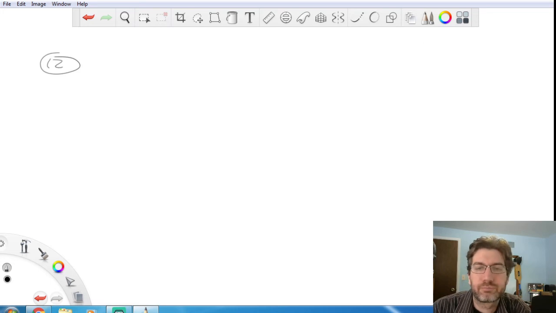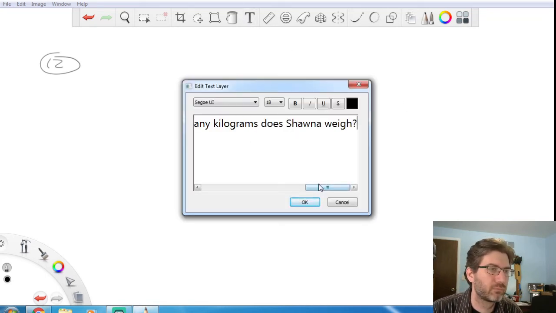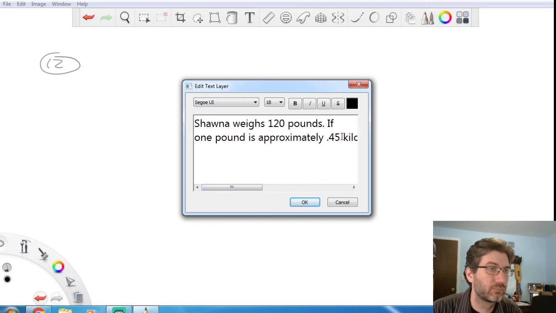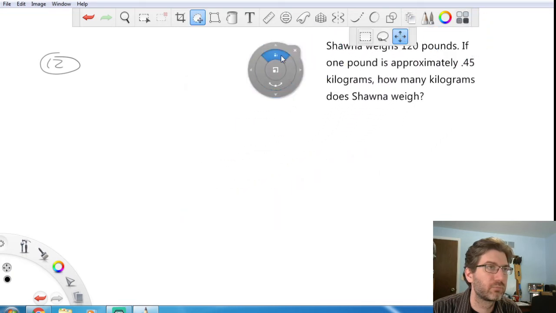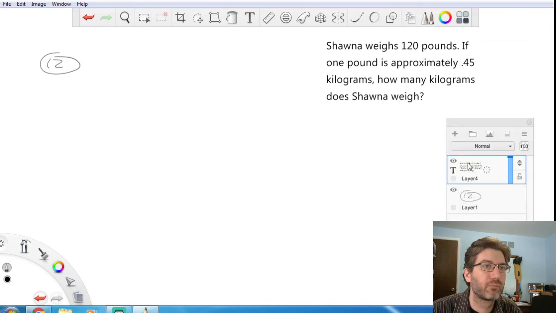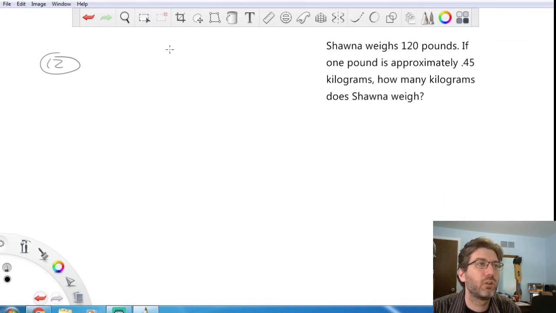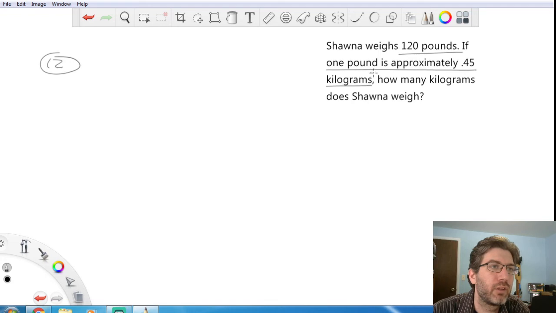12. 12 says Shauna weighs 120 pounds. If 1 pound is approximately that many kilograms, so keep in mind this here is your actual first ratio.